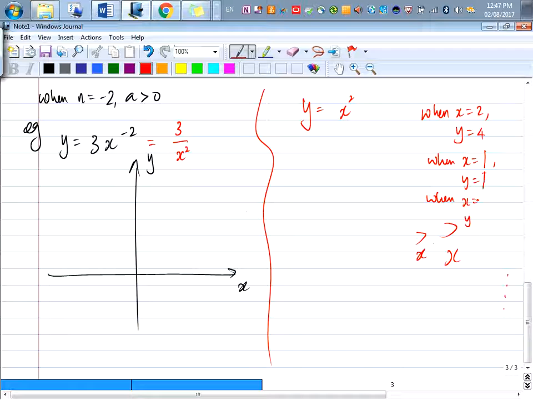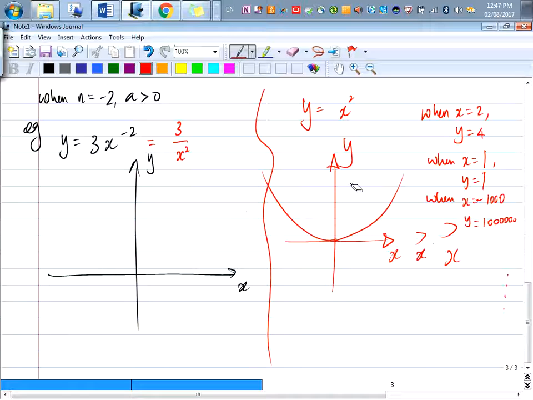Y will be equal to 1. When x equals negative 1000, y will be equal to 1 million. Do you see that every single value of x, I will have a corresponding value of y? Do you agree, Roberto? And the graph looks like this. Your parabola opening upwards. It goes on and on forever.